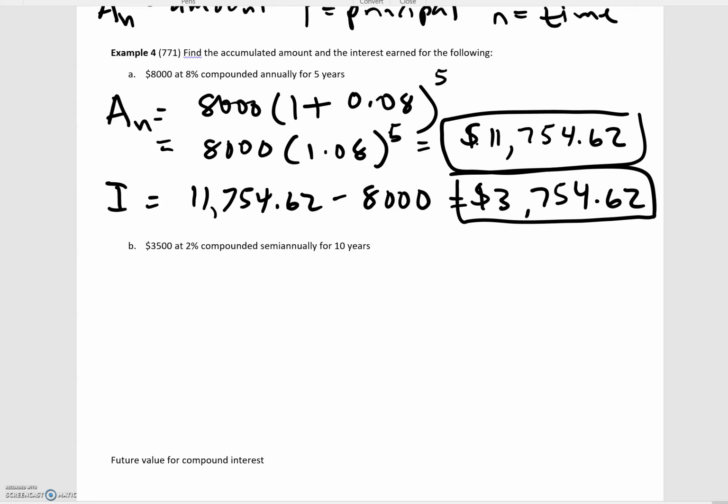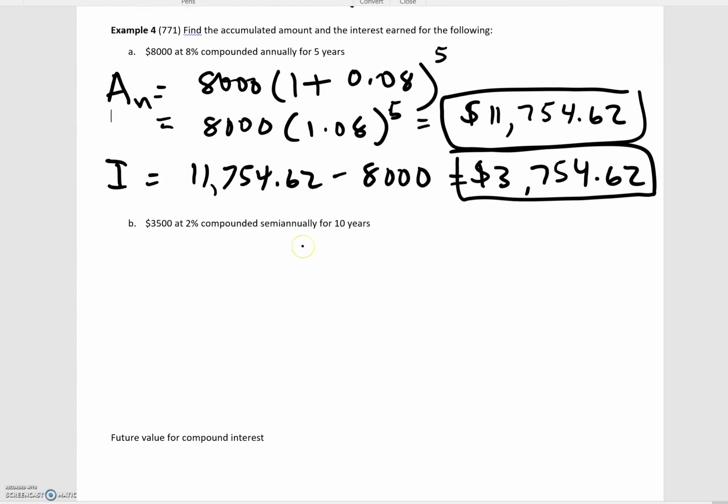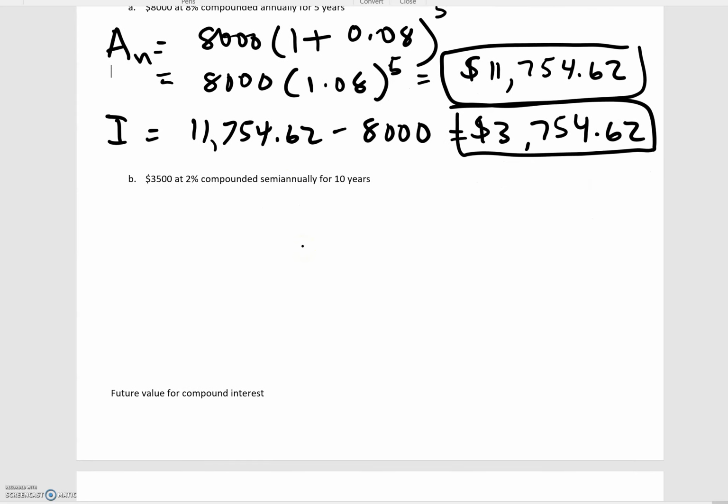All right, let's look at a circumstance where interest is compounded semi-annually. So in this next example, principal of $3,500, 2% rate, and it's compounded for 10 years, but it's being compounded twice a year, semi-annually meaning twice a year.